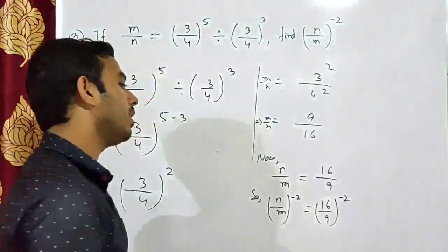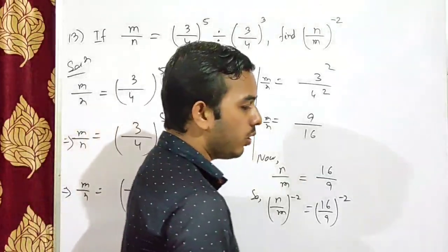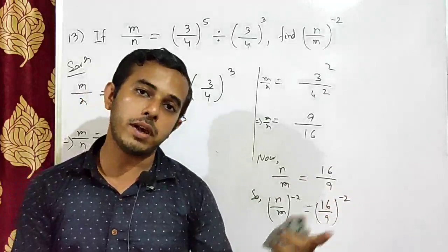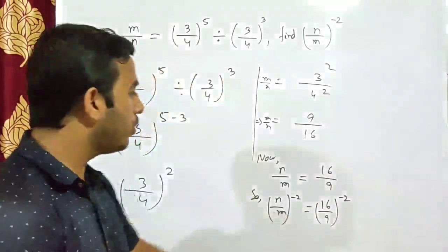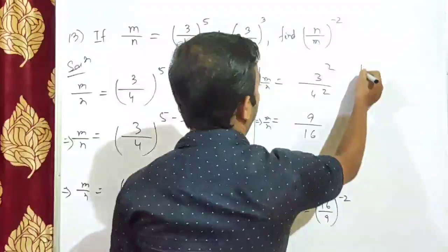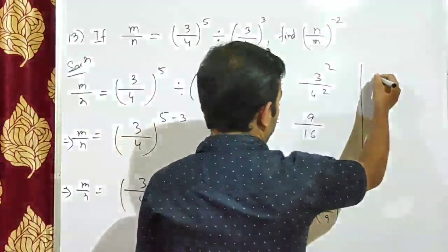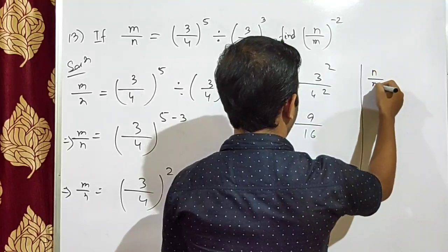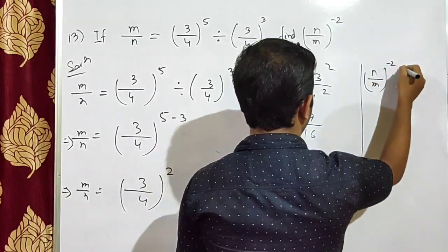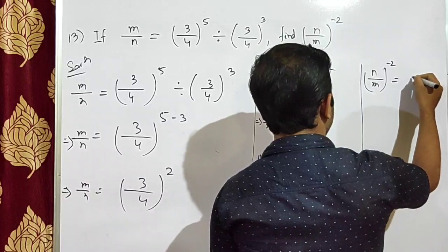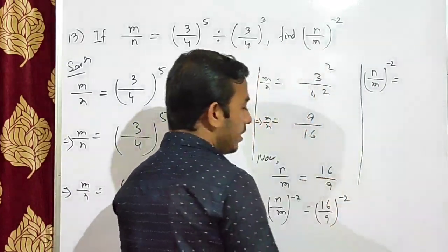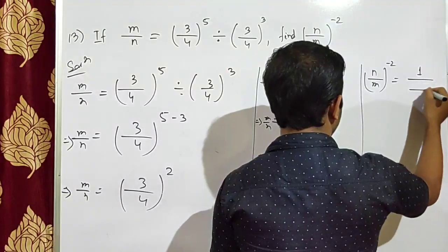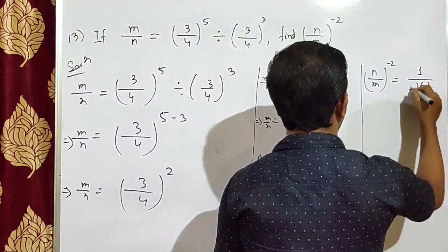Clear? Now we know one law, that a to the power minus n equals 1 by a to the power n. We'll use that law here and complete. So (n by m)^-2 equals 1 by (16 by 9) whole square.